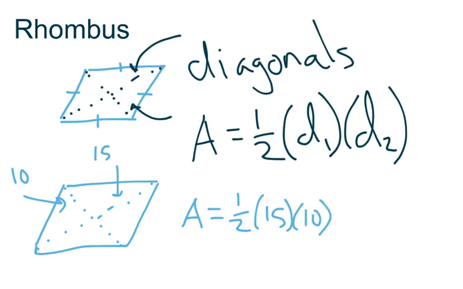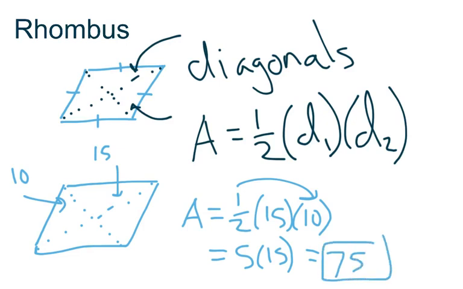It doesn't matter the order in which you do this. 1/2 times 15 doesn't work out that well, but 1/2 times 10, that's pretty easy. That's just 5. So we'll have 5 times 15, which equals 75. So this one's going to be 75 units squared. And that's how you find the area of a rhombus.